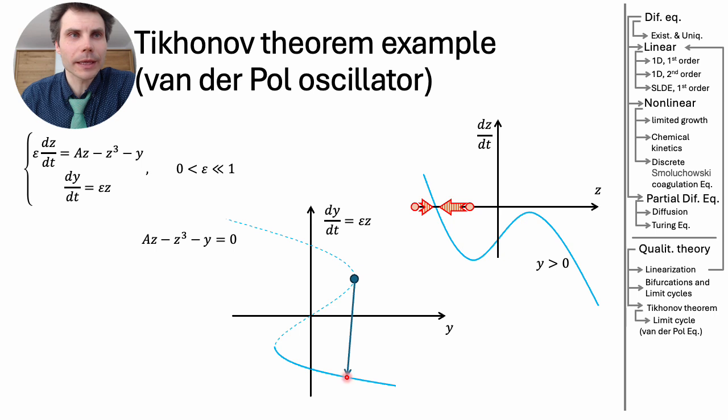The system will again settle here in a quasi-stationary state and slide slowly along this branch until it finds this critical point, and then it will leap onto the next stable branch.